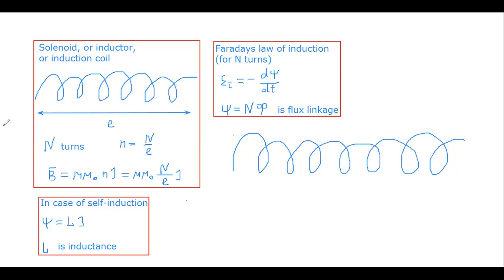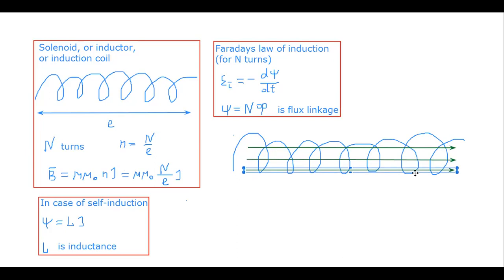Magnetic field inside solenoid is always homogeneous. So I can draw this in this way. Magnetic field inside solenoid is homogeneous.